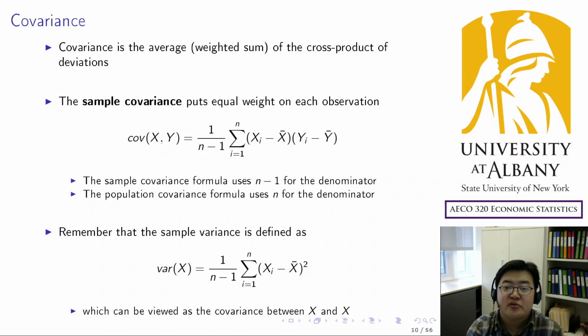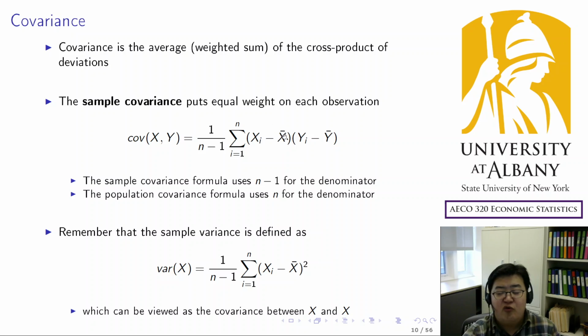Okay, so in the previous video, we defined the sample covariance formula in this way. As I said, it is very similar to the variance formula, but it's actually a little more extended because there are two variables. Basically, the steps are pretty similar.